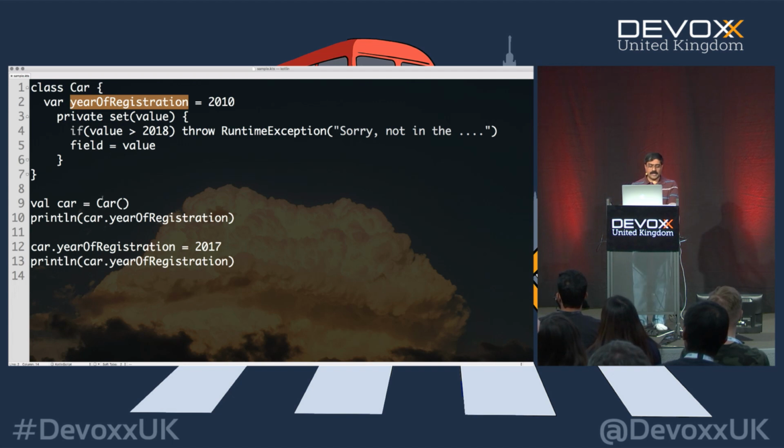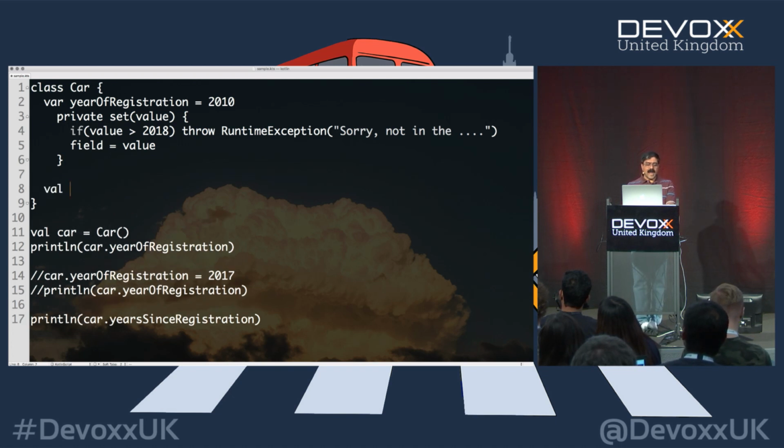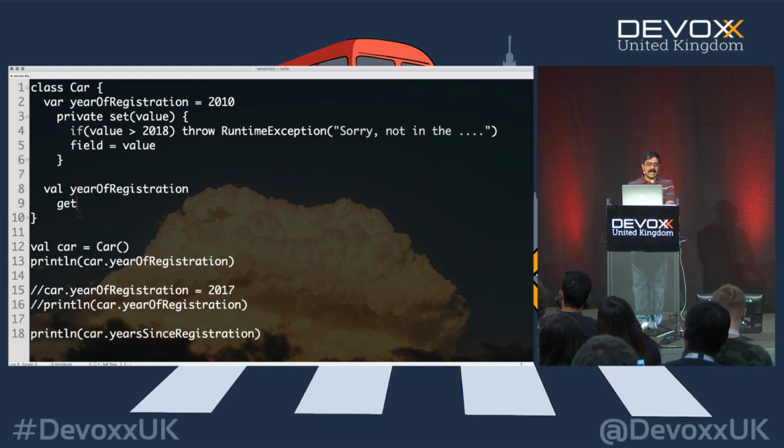But you can also define, in this case, some really cool things about other properties as well. So for example, I'm going to say car dot, let's say, years since registration. And years since registration is a property I'm going to create right here. So I say val years since registration get.